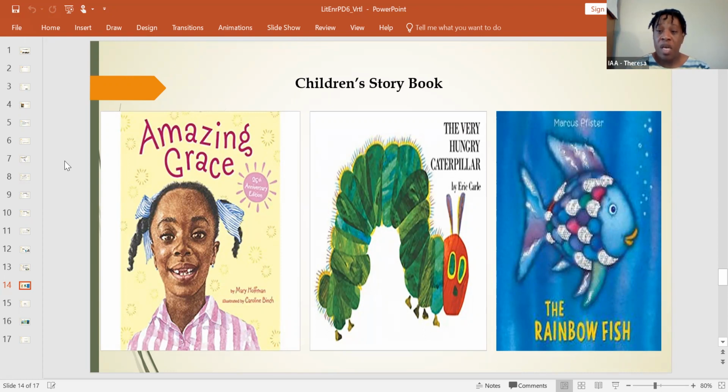What are some activities that you can grab from the story? And this is called the connection activities or the connection piece. These are your connection activities.